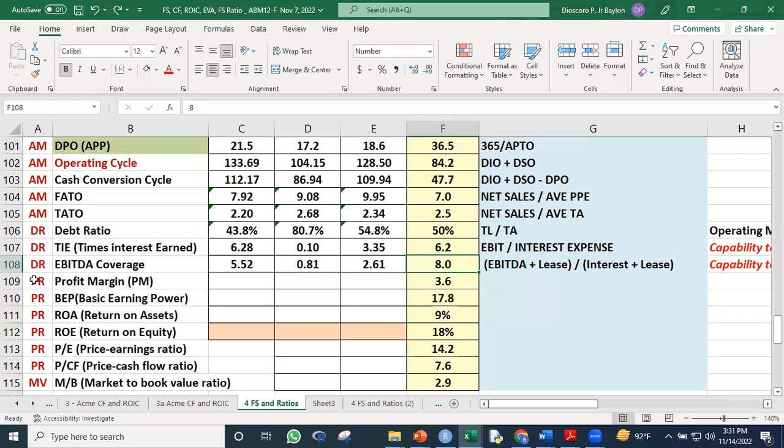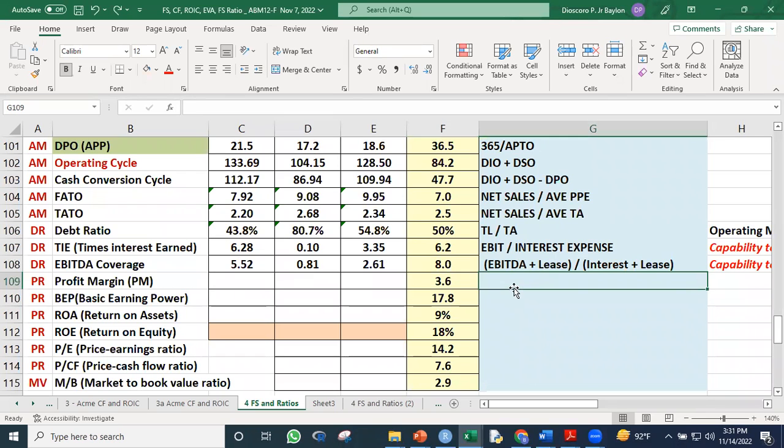Okay. Now, those are the debt ratios. Una yung leverage ratio, how much of the assets of the firm is financed by debt. And then, kung kaya ba natin magbayad ng interest, at saka kung kaya ba natin magbayad ng fixed amount obligations natin. And we can see that we had a bad year in 2020, but there was a recovery in 2021.